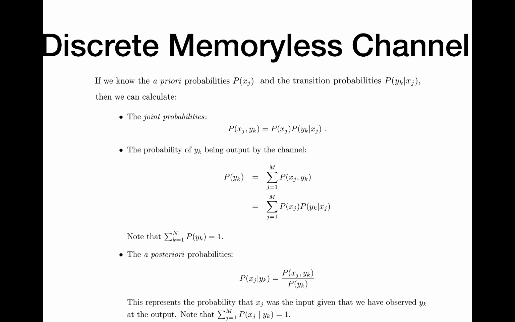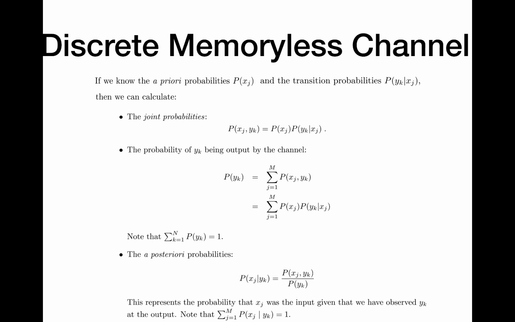And finally, you can calculate the a posteriori probabilities, which are defined as probability of xj given yk. So this is different from the transition probabilities. The transition probabilities are given as probability of yk given xj. So the yk comes first and xj comes next.